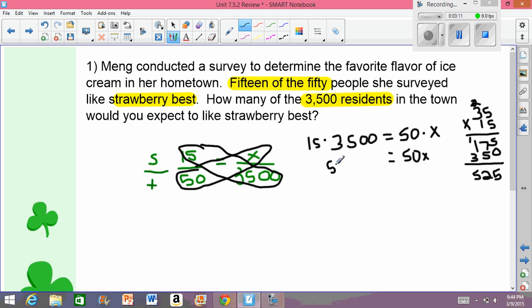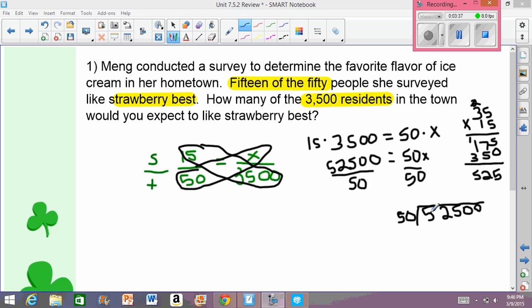So 5, 2, 5, and then add 2 zeros. So after that multiplication, our next step is just to divide each side by 50. So we're going to divide each side by 50. So we're going to take 52,500 and we are going to divide that by 50.